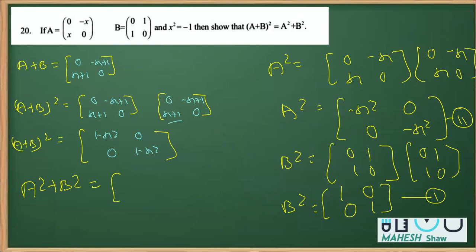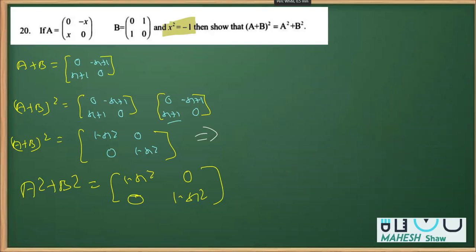So this is 1 minus x square, this is 1 minus x square. 0 plus 0 is 0, adding this with this is again 0. And finally, 0 plus 1 minus x square is again 1 minus x square.